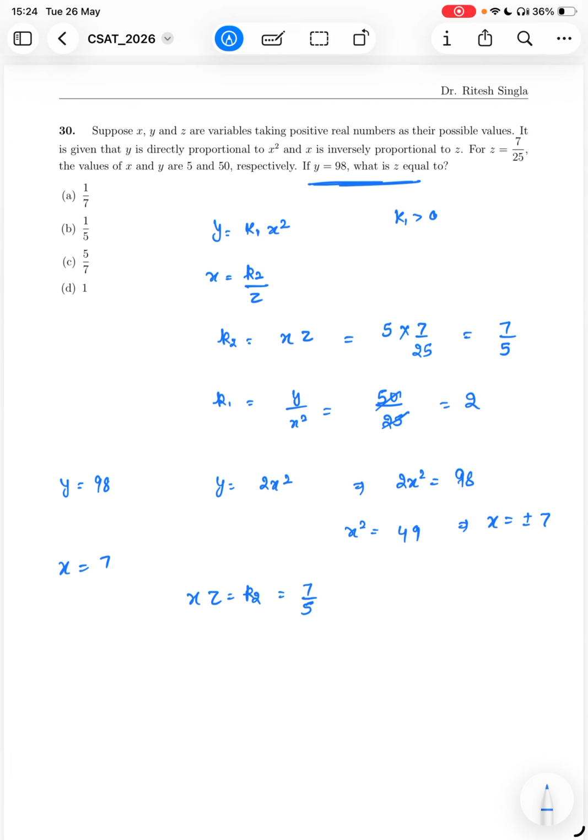If x is equal to 7, 7z is equal to 7 upon 5. This implies z is equal to 1 upon 5. Answer. Pure calculation. You do not need to know anything. Just addition and subtraction and multiplication. If you just know 2 plus 3 is 5, you are able to solve it.